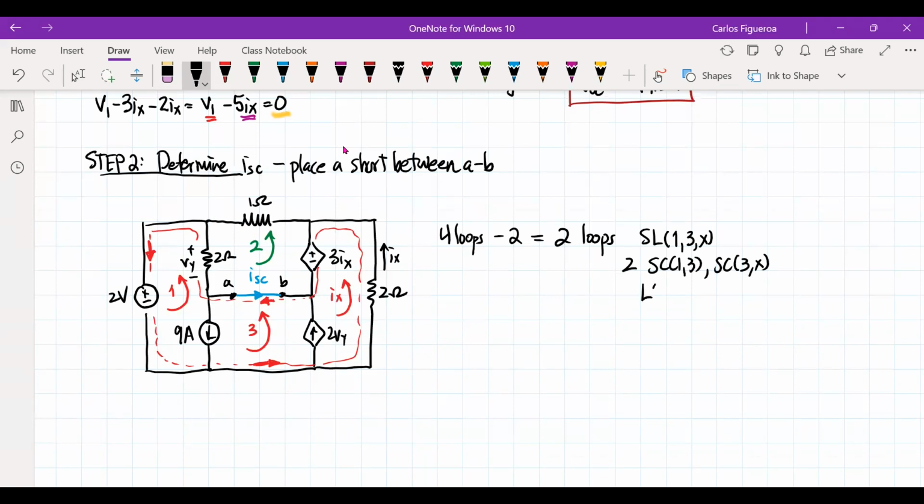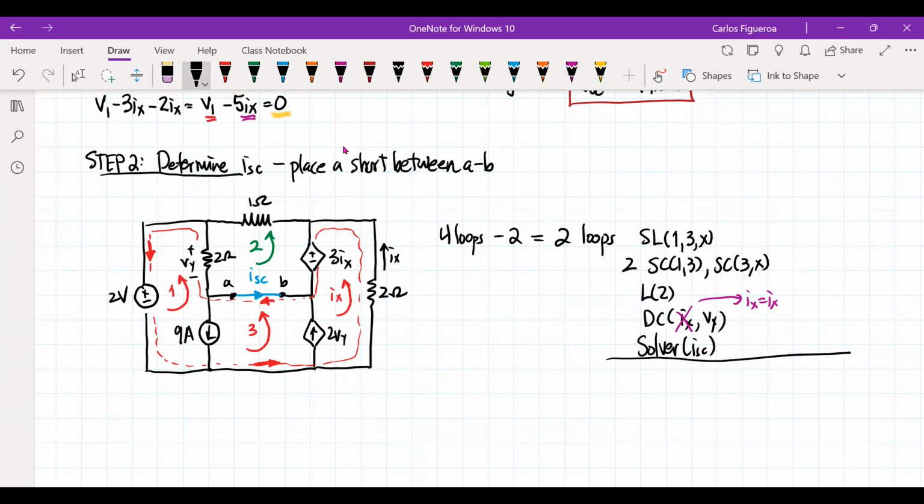I have a loop 2, a regular loop. Then I have 2 DCs: one, I have IX, and I have VY. But note, I defined that as a loop current, so that just tells me that IX is equal to IX. And then I need a solver for I short circuit.